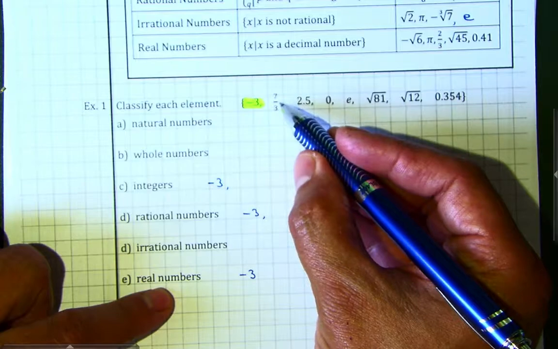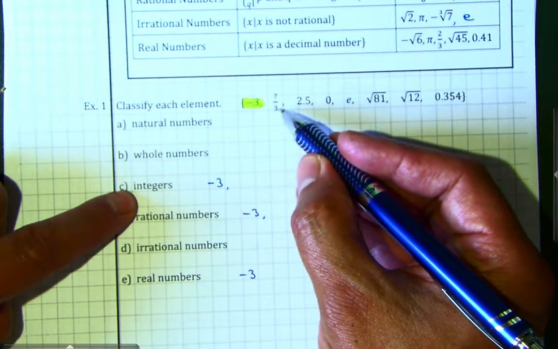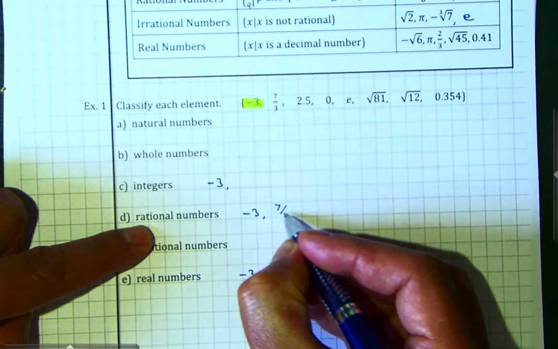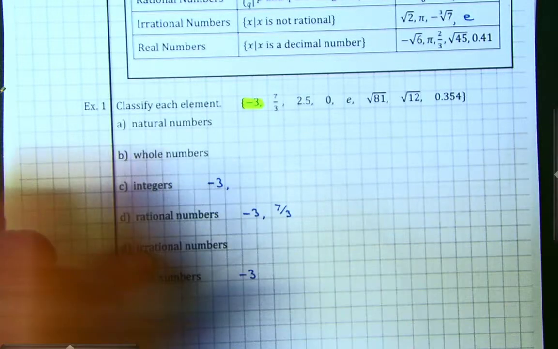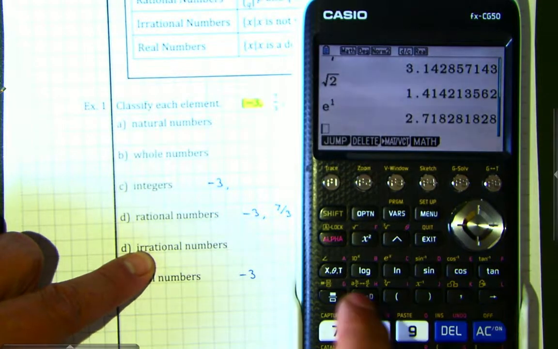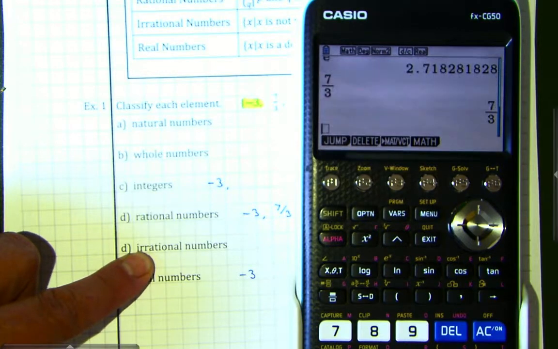Next, 7/3. 7/3 is not a natural number, it's not a whole number, it's not an integer. It is a rational number. It is not an irrational number because if you type 7/3 into the calculator, it will give you 2 1/3, so it'll be 2.333333.